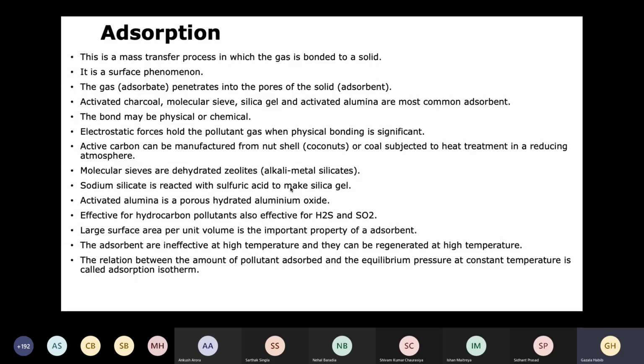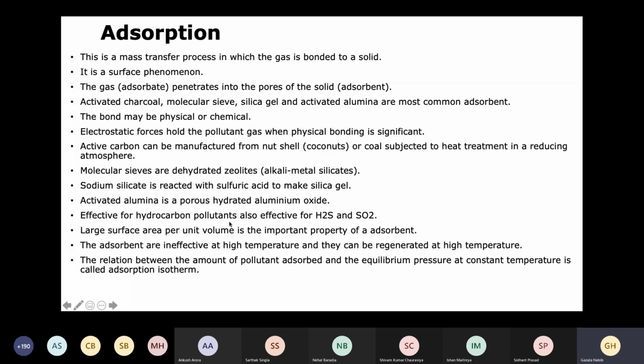And silica gel is a very effective moisture-removing chemical which is used in laboratories as well as in industries. It's a very common compound.